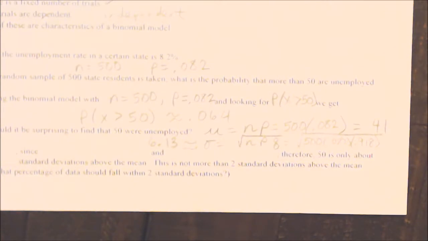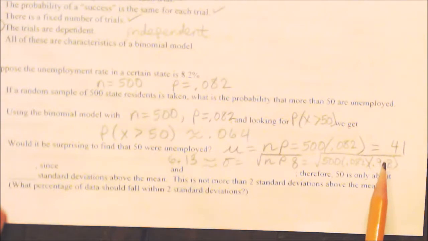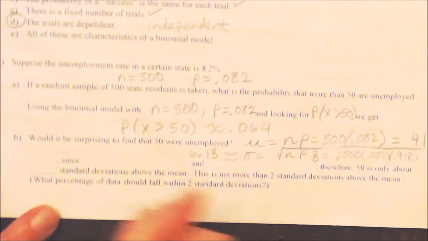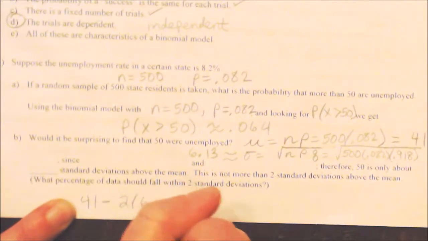So would this be unusual? Well, let's see. If the mean is 41, what would 2 standard deviations below the mean be? Let me get my calculator out here. 41, subtract 2 of those standard deviations.